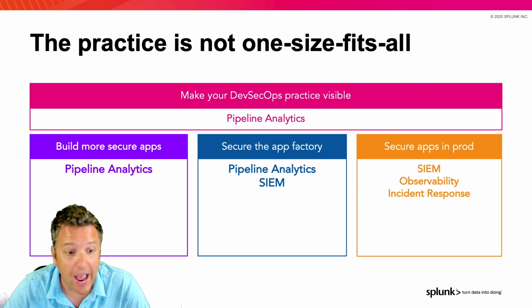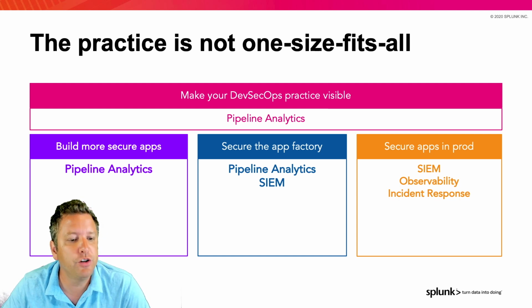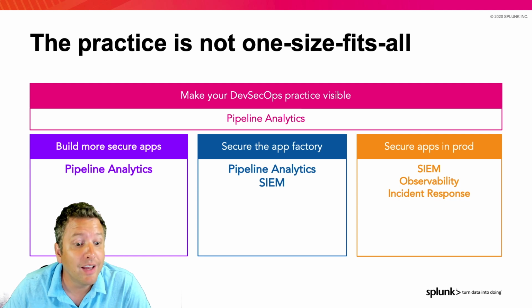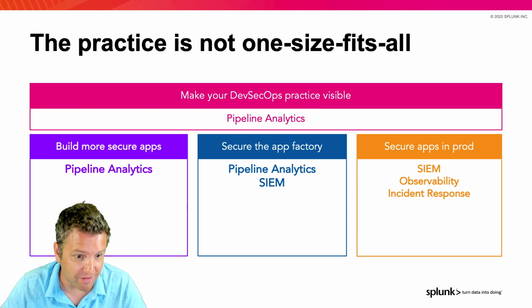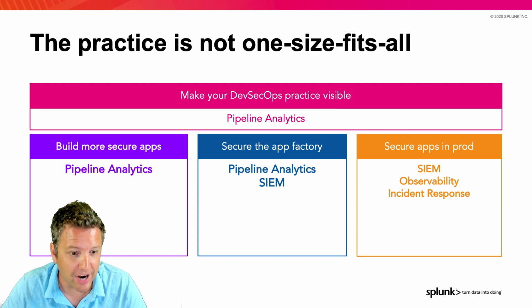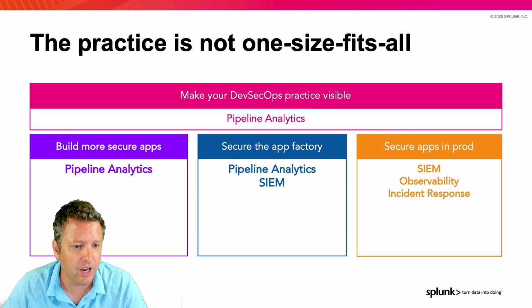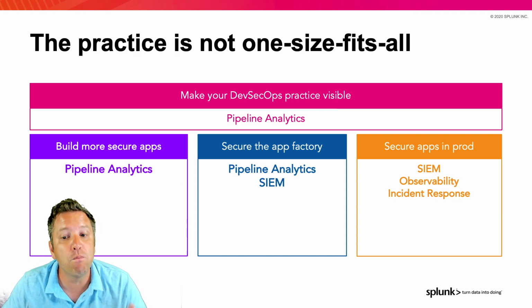We also look at observability. What does observability do for us for security? Well, it's a rich set of data down to the transaction level of your application. And if you're investing in real user monitoring, then you get even more data from your application.